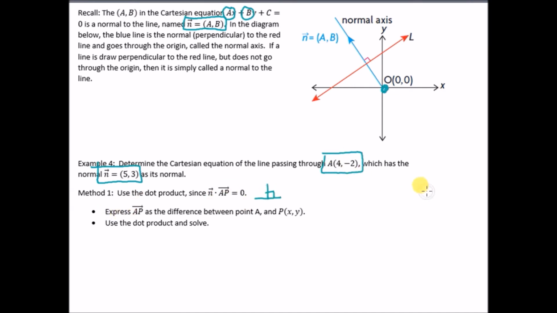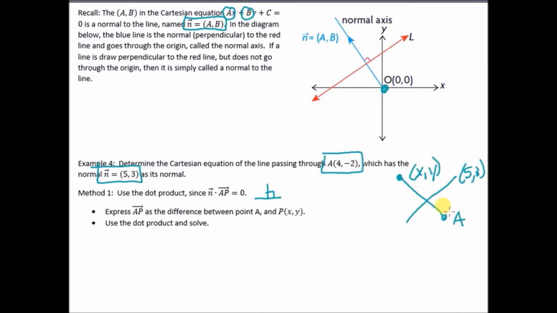So all we know is one point on the line. Say we have A, and we have some other point, let's call it P with coordinates X and Y. Okay, and then our normal is going to have direction vector (5, 3).